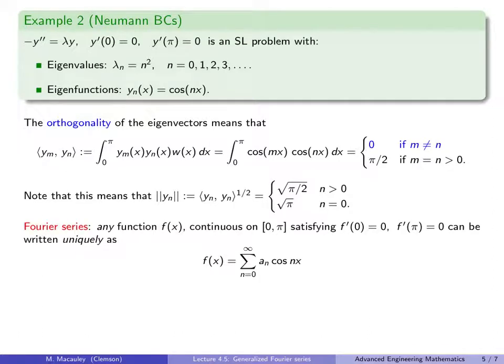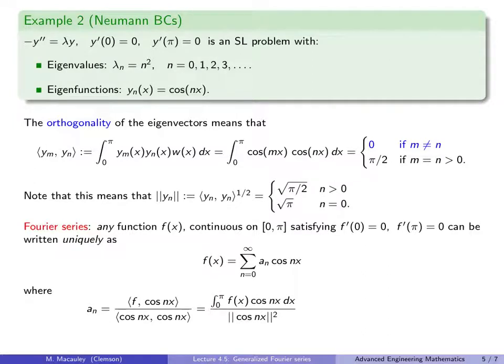So the last result of the main theorem of Sturm-Liouville theory is that any function f of x, continuous on 0 to pi, satisfying these Neumann boundary conditions, can be written uniquely as an infinite sum of these eigenfunctions, in other words, of the cosine terms. And an, as before, is the inner product of f with cosine nx divided by the inner product of cosine nx with itself.